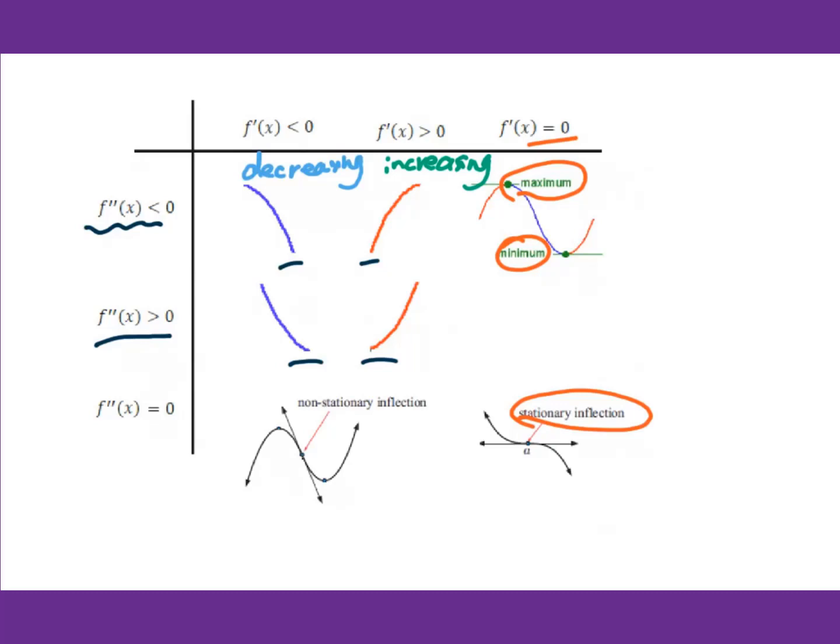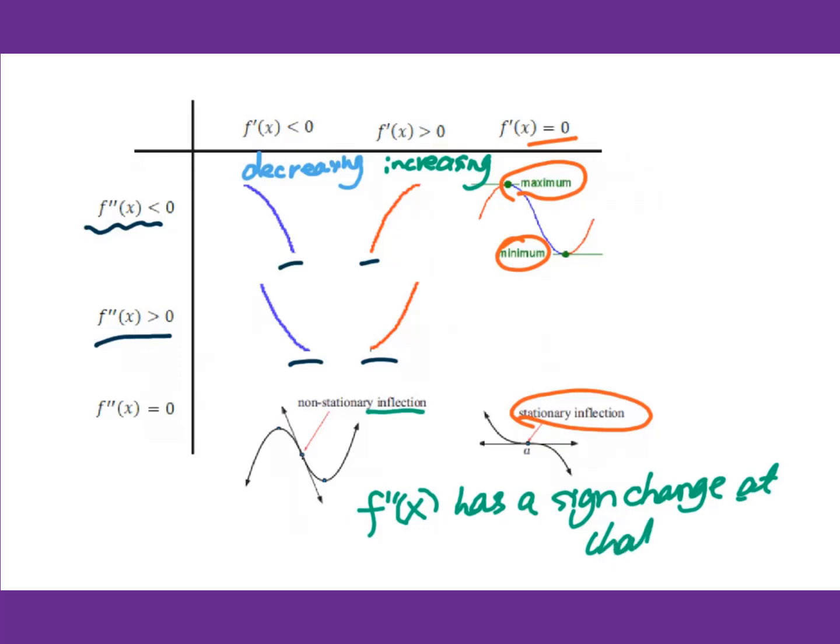When f double prime of x equal to 0, it could be inflection only when this f double prime has a sign change at that point.